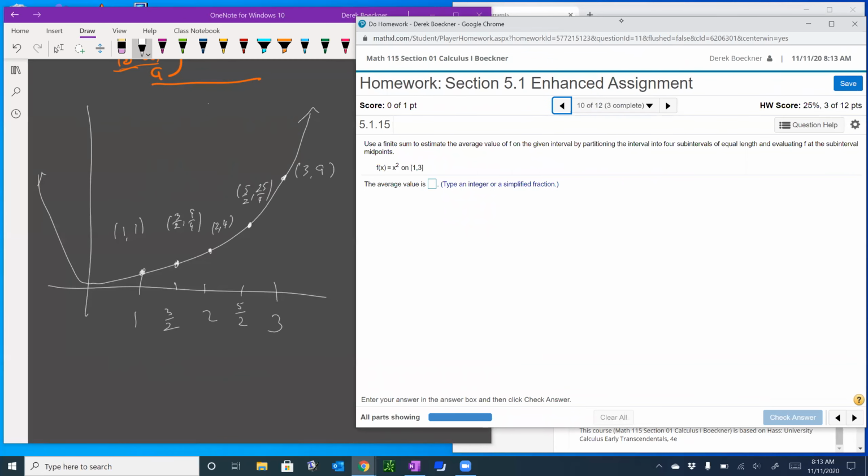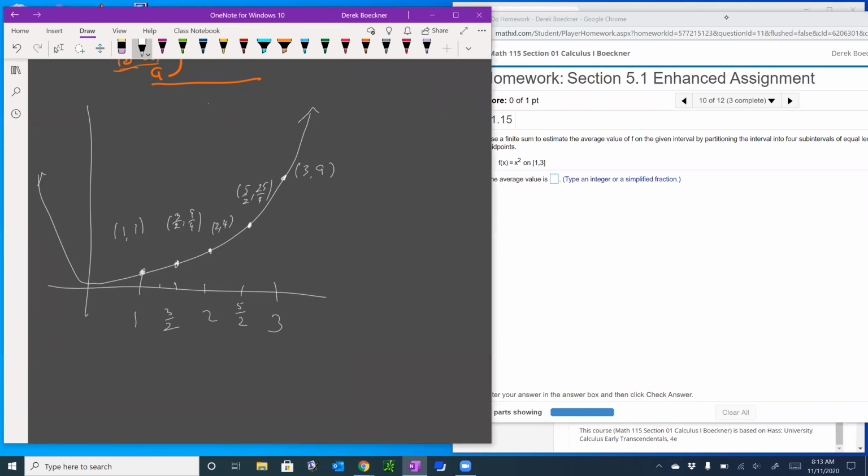So we're going to have to find other function values in here too. But let's just do that later. So drawing my rectangles. Midpoint, midpoint, midpoint, midpoint.